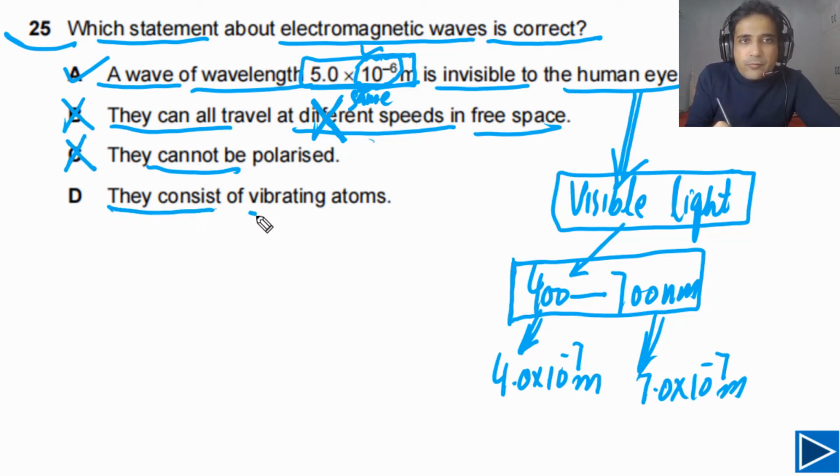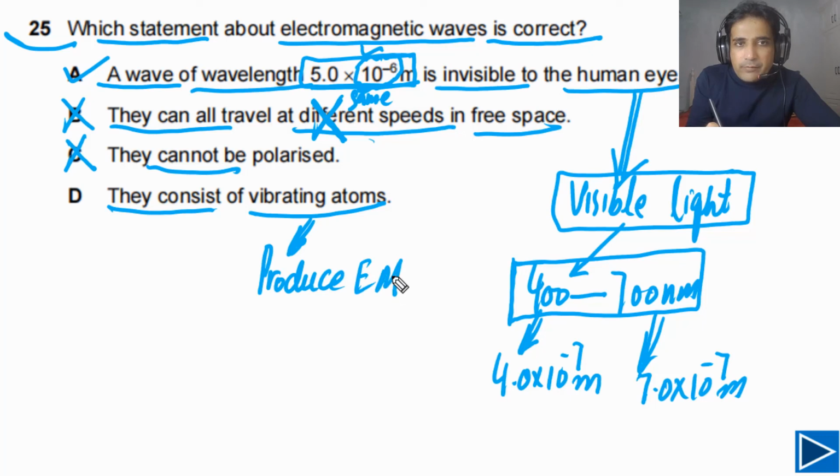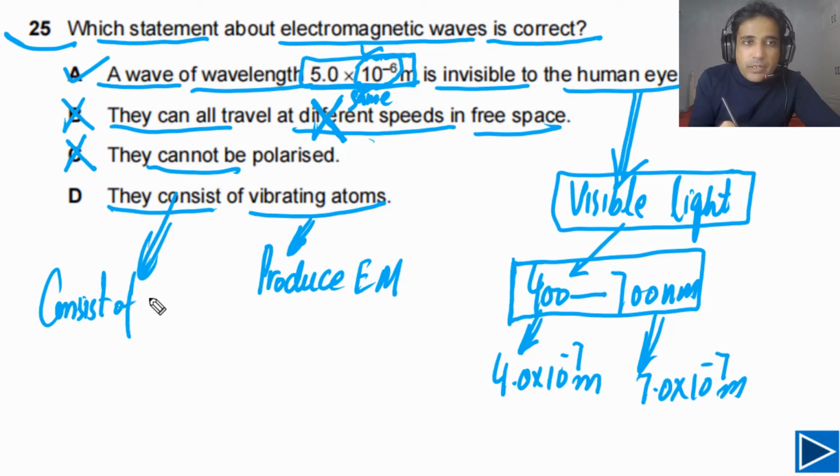"They consist of vibrating atoms?" No. They consist of oscillating electric and magnetic fields. But vibrating atoms can produce EM waves. But EM waves do not consist of vibrating atoms. EM waves consist of oscillating electric and magnetic fields.